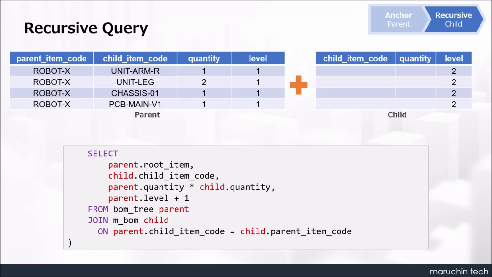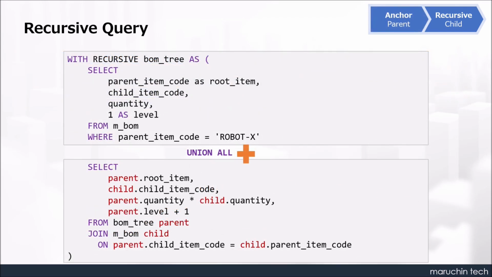Here, you can see the prefixes parent and child attached. We search for the parent from the temporary table bom3 we just created. We search for the child from mbom. Regarding the quantity, it becomes the multiplication of the child level quantity and the grandchild level quantity.